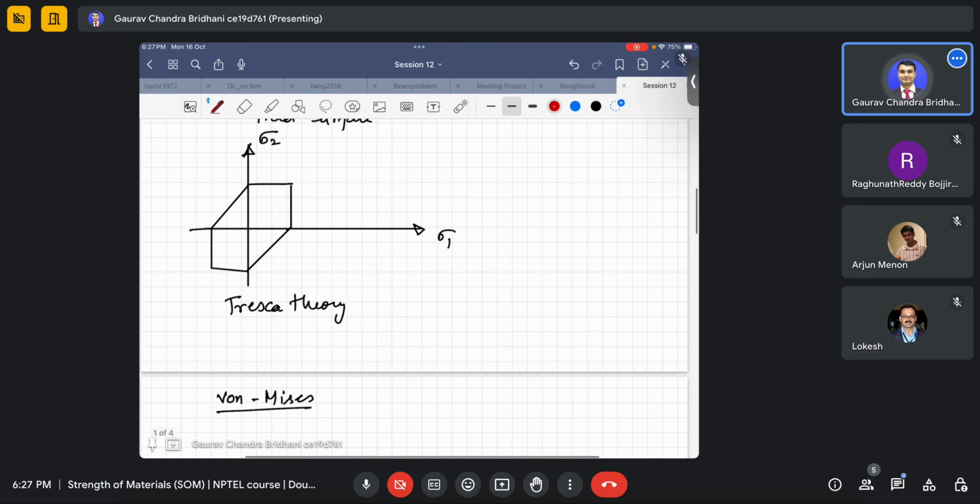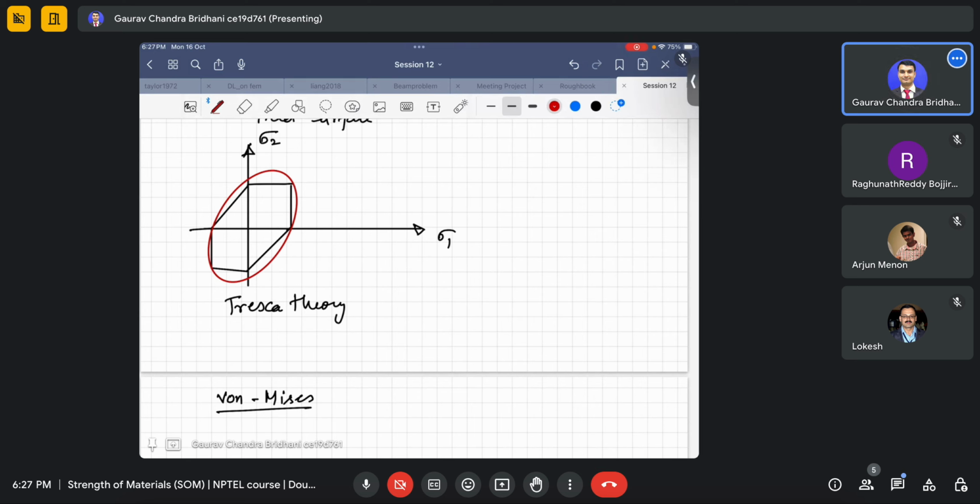The von Mises passes through these corners, and it is actually the equation of an ellipse, but it passes through these corners.